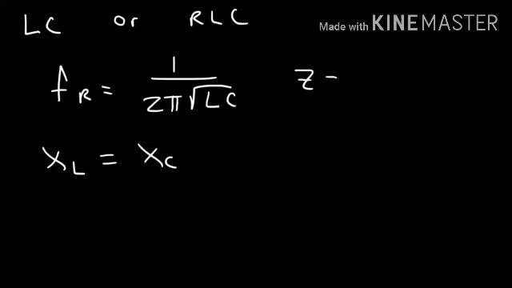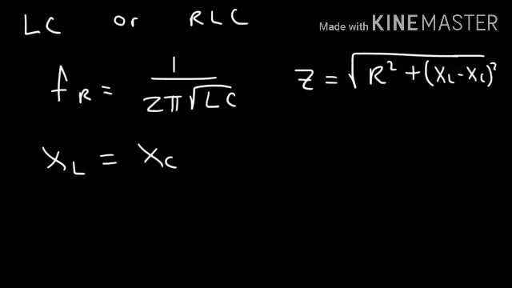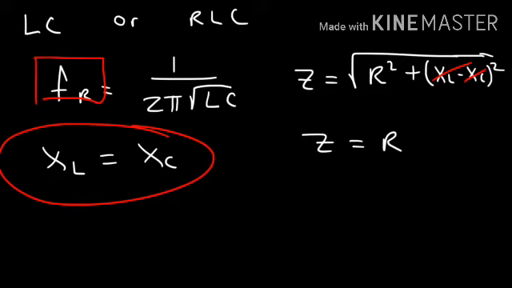So in that case, the impedance, which is the square root of R squared plus XL minus XC squared, since XL minus XC are the same, these two will cancel. XL minus XC is 0. So Z is equal to R. So at the resonant frequency, make sure you know that capacitive reactance equals inductive reactance, XC equals XL, and Z, the impedance, is just the resistance of the resistor.